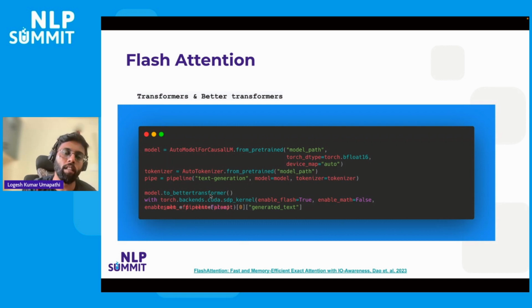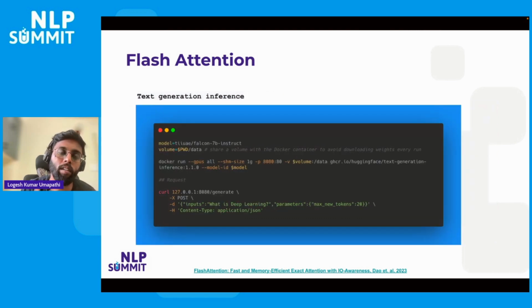So we are porting the model to the better transformer library. Then, torch.backends.cuda.sdp_kernel utilizes Torch's SDP kernel, which has flash attention built in. We just need to mention enable_flash equal to True. From now on, whatever text is generated would be done via flash attention. It would be much faster.